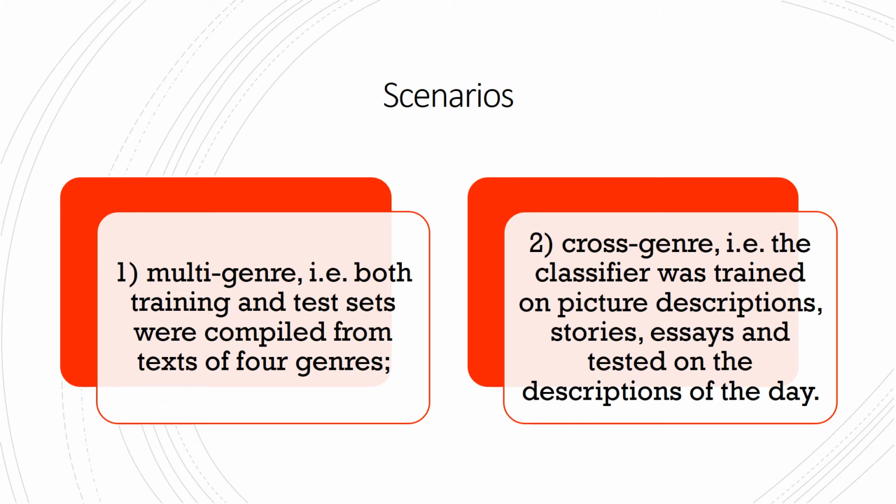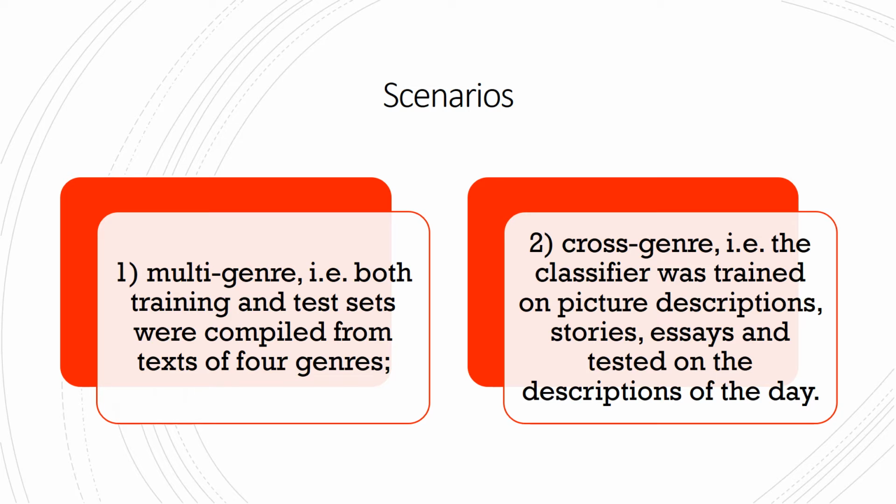Two scenarios of idiolect identification were constructed. First one is multi-genre. So both training and test sets were compiled from texts of four genres. 75% of the texts selected at random were training ones, the remaining 25% test ones.